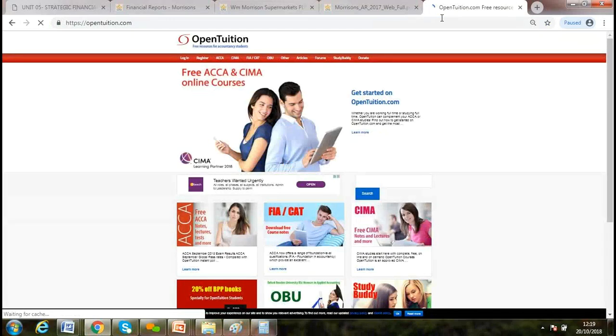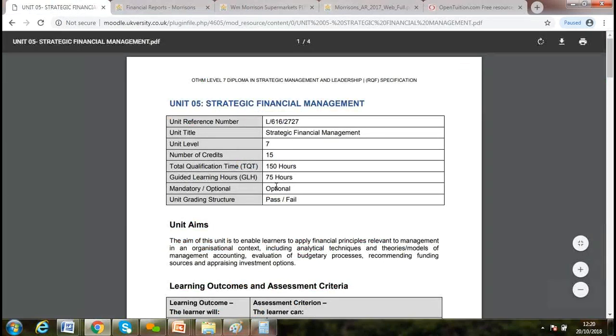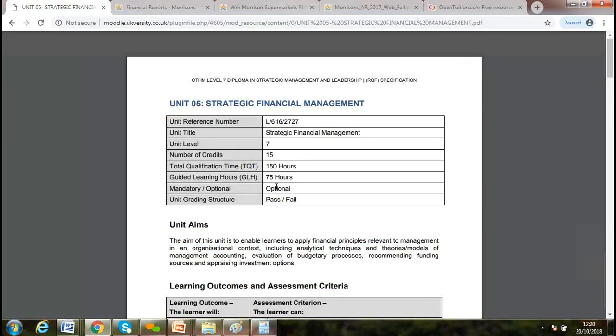It's a free link; you can set up your account. It's open tuition. Type in the search box what is meant by financial position ratios, and watch a few lectures there. You will get very detailed explanations of how the financial ratios work and how we can make decisions based on these ratios.